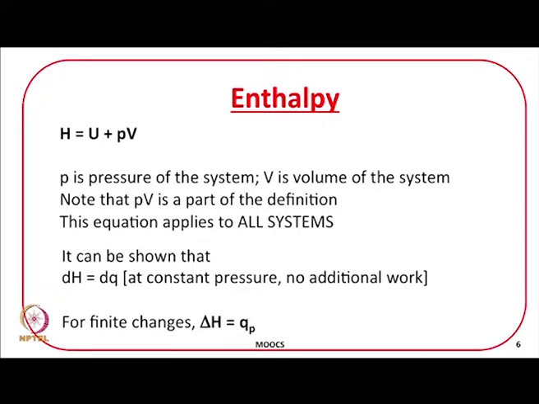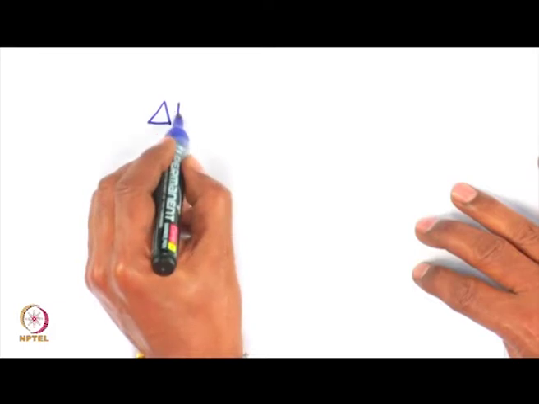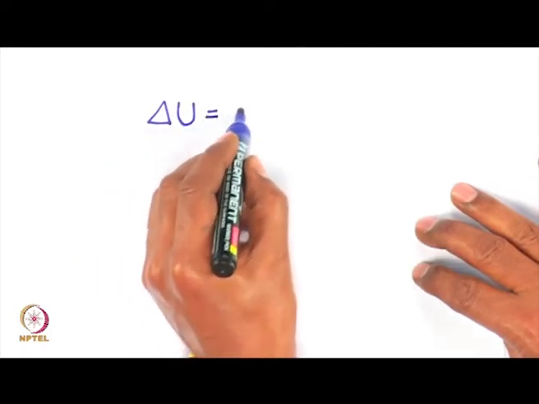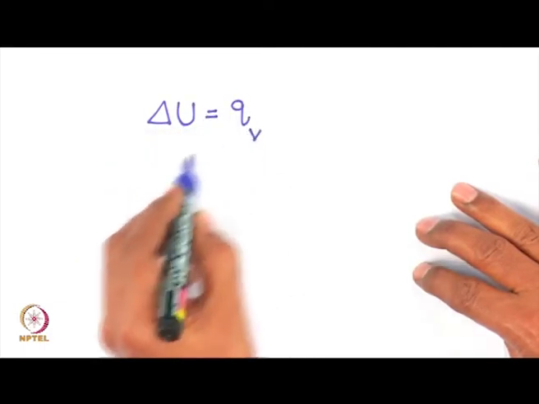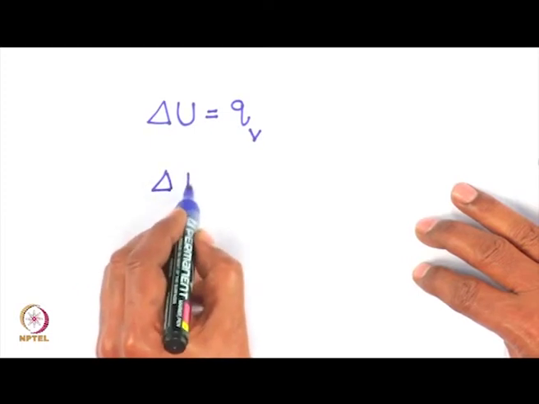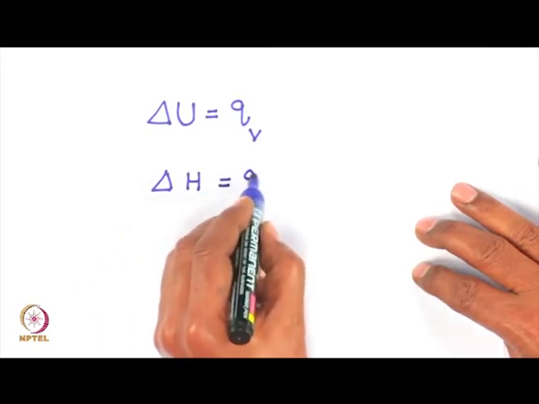Okay. So, the things to remember are that if we are interested in measuring delta U, this will be equal to Qv, and delta H, this will be equal to Qp.